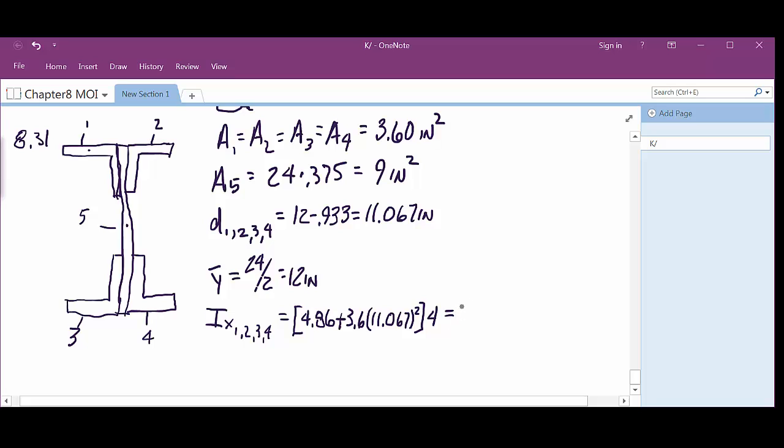So the total for all of those is 1783.13 inches to the 4th. Because there's 4 angles. Yeah, so what's in brackets would be each one of them. It's the moment of inertia of the angle plus the area times the distance d squared, and then all of that multiplied by 4.